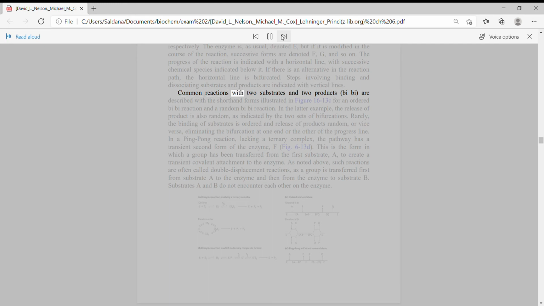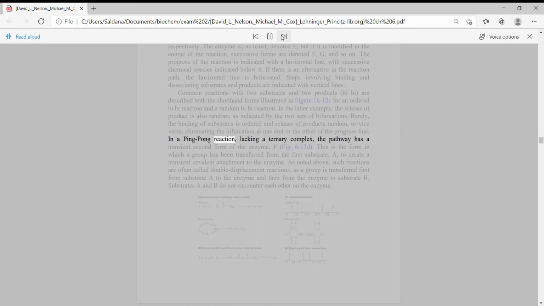Common reactions with 2 substrates and 2 products, bi, are described with the shorthand forms illustrated in Figure 6-13c for an ordered bi reaction and a random bi reaction. In the latter example, the release of product is also random, as indicated by the 2 sets of bifurcations. Rarely, the binding of substrates is ordered and release of products random, or vice versa, eliminating the bifurcation at one end or the other of the progress line.